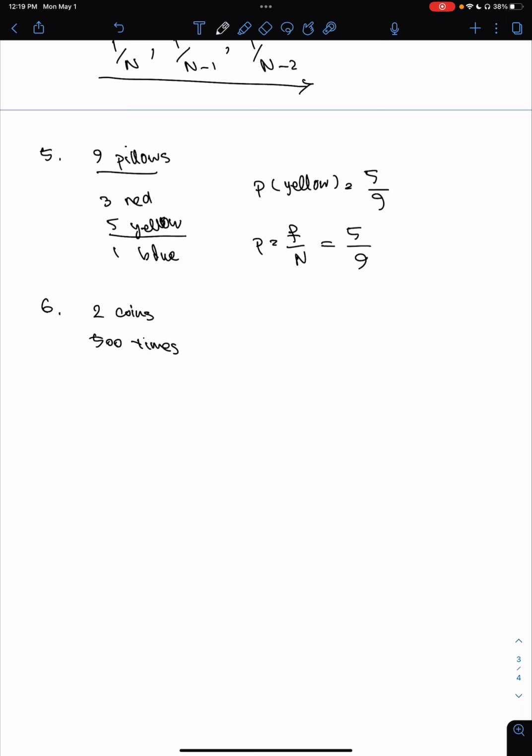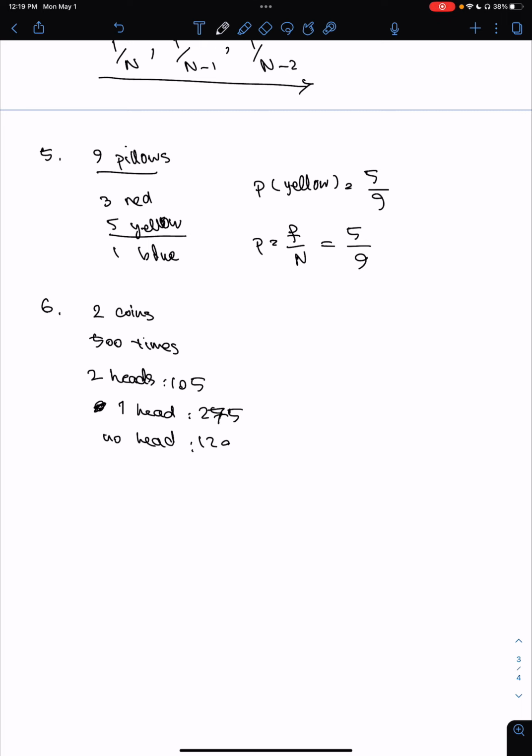And we get 2 heads: 105. 1 head: 275. And then no head: 120.